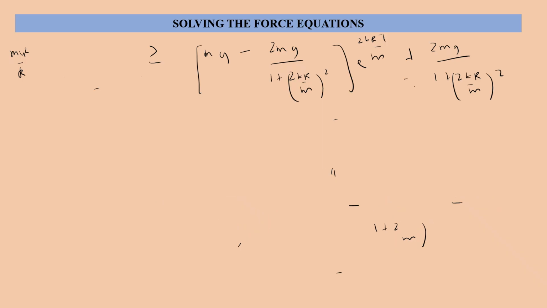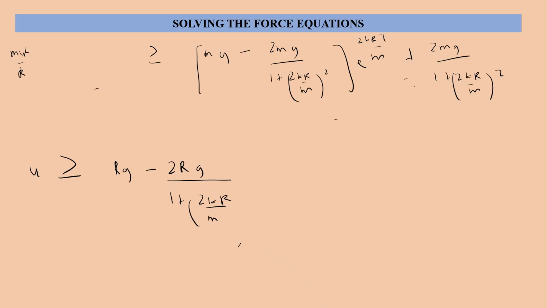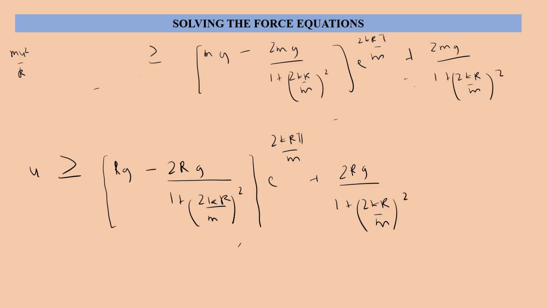So finally, write down the expression we were seeking. u greater than or equal to the square root of rg minus 2rg upon 1 plus 2kr upon m whole square, multiplied by e to the power 2kr pi over m, plus 2rg upon 1 plus 2kr upon m whole square.